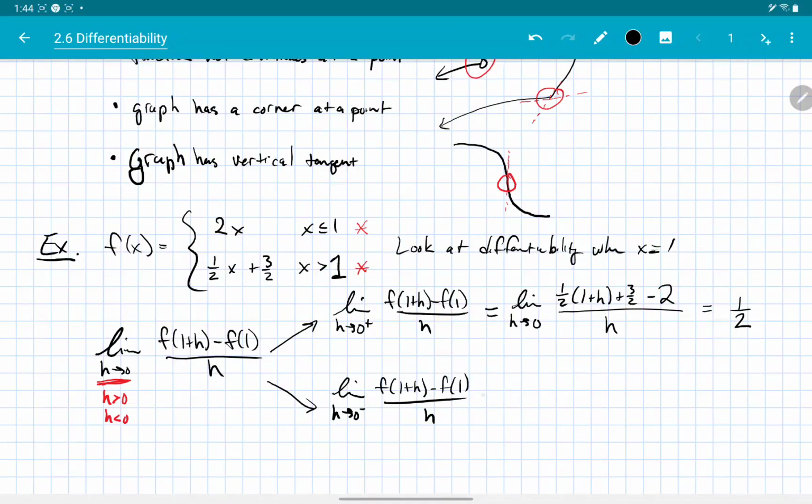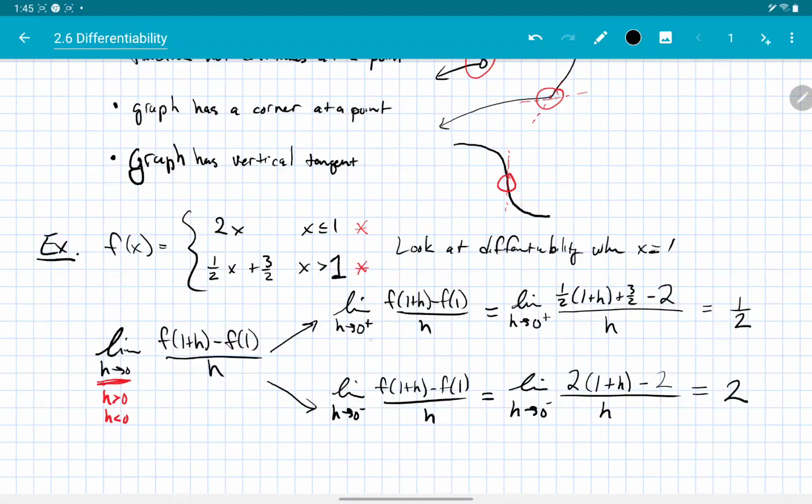Now let's look at the lower limit. From the left-hand side, we have the limit as h goes to 0 from the left. This time we're using the 2 times x version of the function. F of 1 is still 2. And we will be taking this limit. This limit is equal to 2.